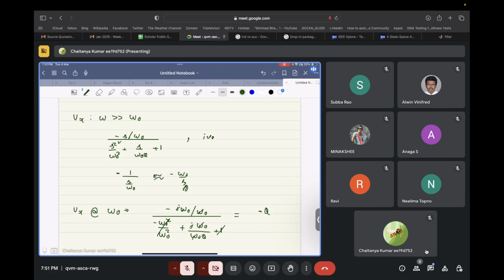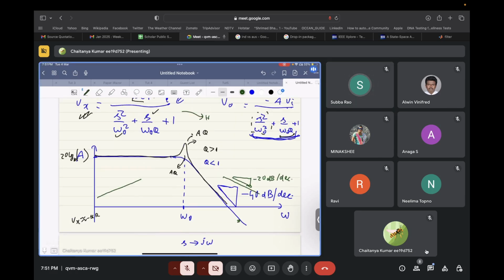So what we are left with is minus Q. Is this clear? So we can finally plot it like this. And this value is Q in the magnitude response. This is equal to 20 log 10 of Q.